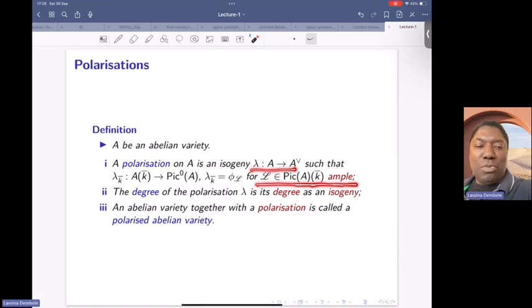Right? So in the construction of the dual abelian variety, we just saw that there is a way to define a map phi_L from A to Pic^0 of A, starting with a line bundle. So a polarization is one such map which is given by a line bundle which is ample.